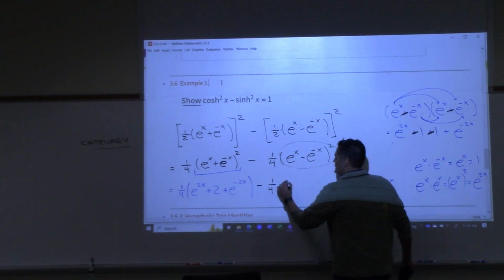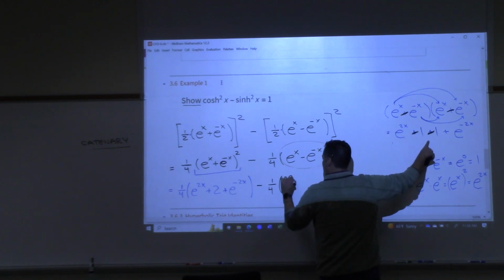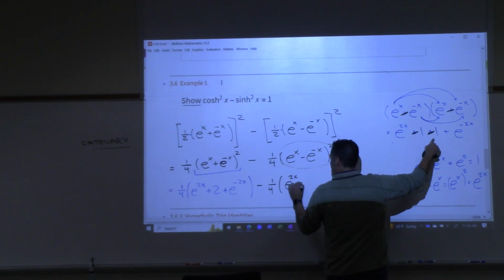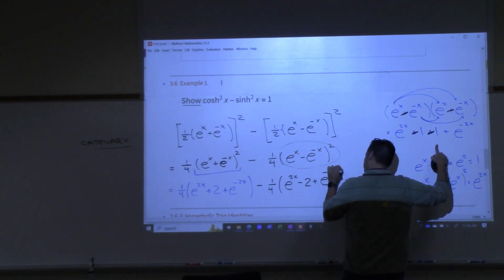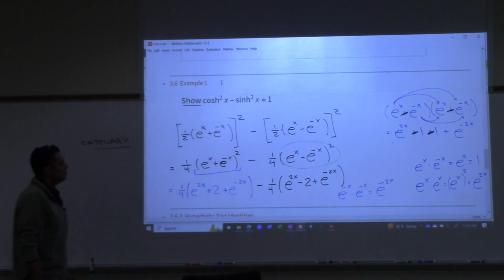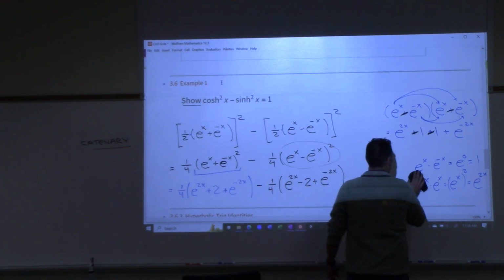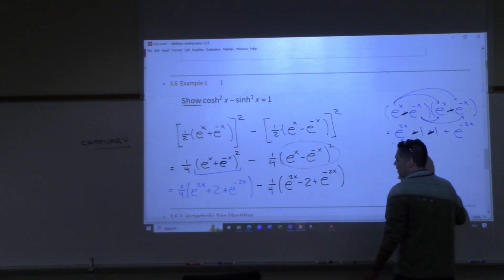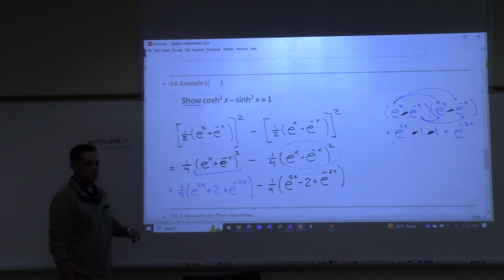All right. So what goes here is this line right here, e to the 2x, but -2 instead of +2, and then plus e to the negative 2x. We're almost there. So now, erasing some of this, let's distribute the 1/4 through both of these parentheses.